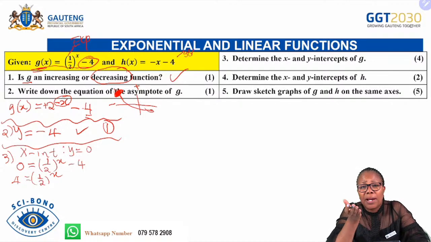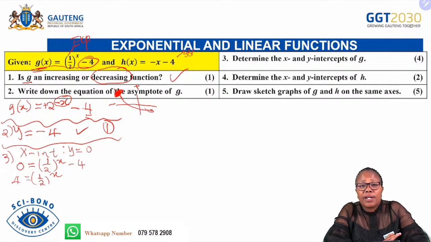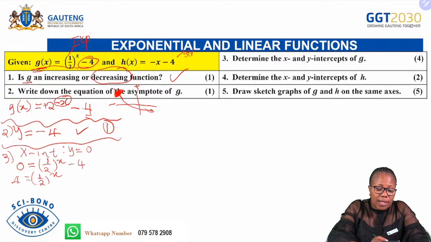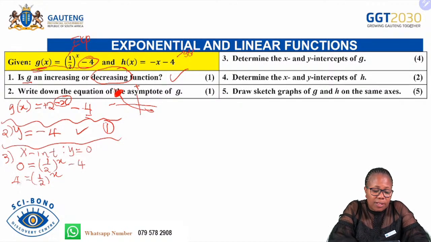You can apply your logs and say log 4 base half, or you can have the same bases, raising your left and right side to the same base. So we can have this 4 as 2 to the power 2. Remember, we said half is the same as 2 to the power minus 1. So this can be written as 2 to the power minus x.